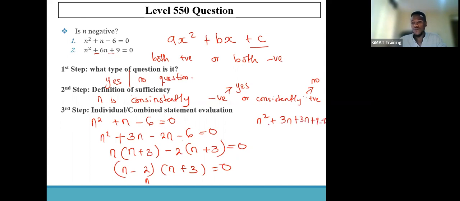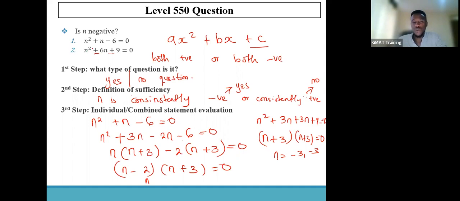If you solve this, you would have n plus 3 into n plus 3 equal to 0, right? So with this, we can tell that n is going to be -3 and -3. It's a perfect square, so both of them are negative.